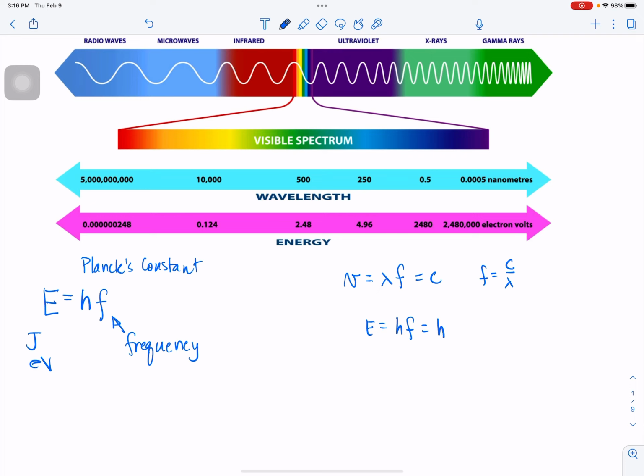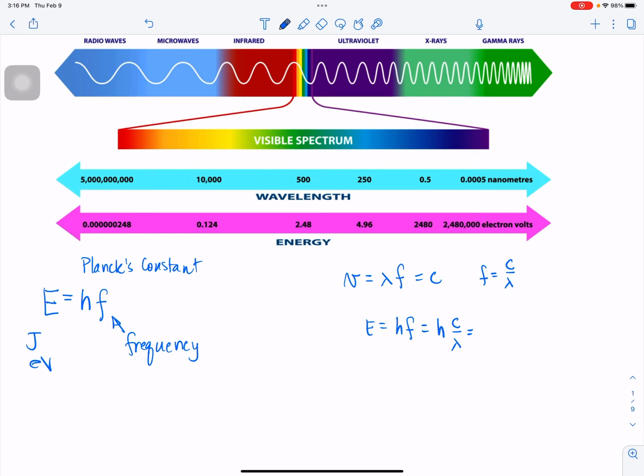So I've got h times c over wavelength. And if I am looking at, I just realized I do not know Planck's constant off the top of my head, so I need to go and grab a formula sheet, because my handy dandy sheet I usually use, I gave to someone yesterday.